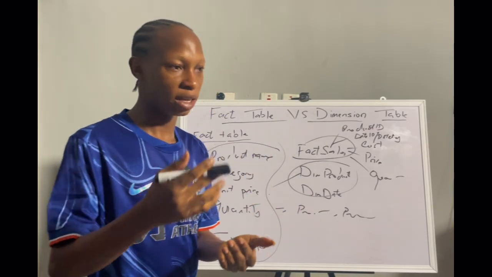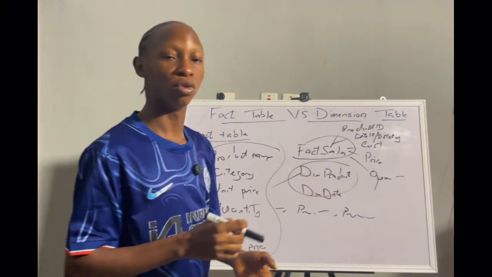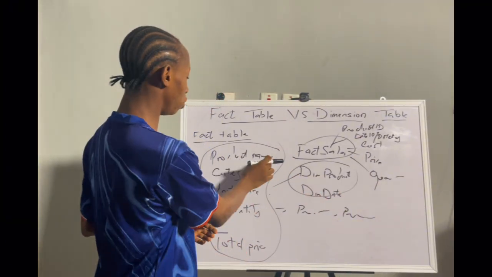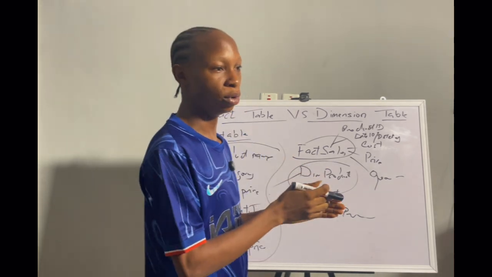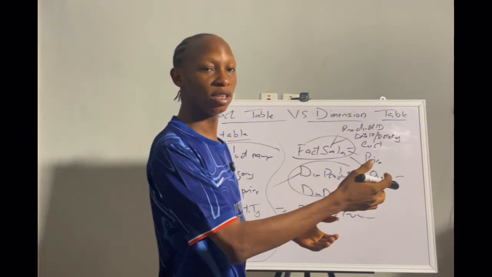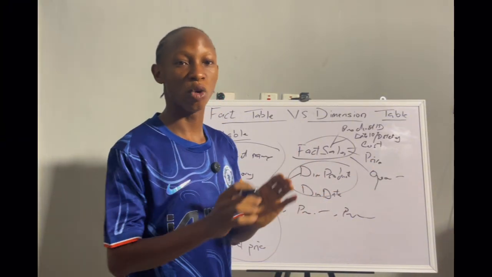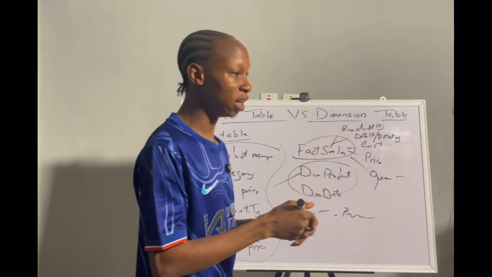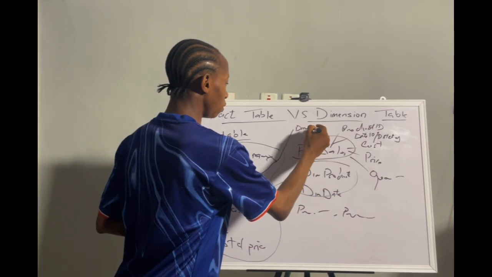On the receipt, that is where you are going to know, okay, this person bought this item. This is from this product name. And for the product item, for example, you bought apple, it falls under the fruit category. So we are going to know that you bought this product which falls under this category. They are still describing what you purchased. That's why they are going to your dimension table.